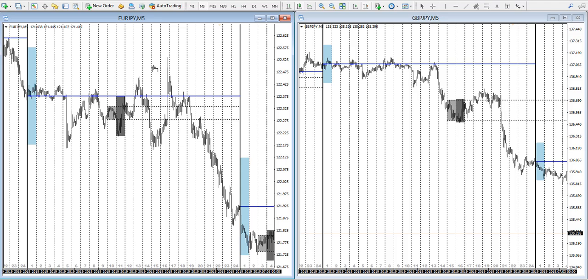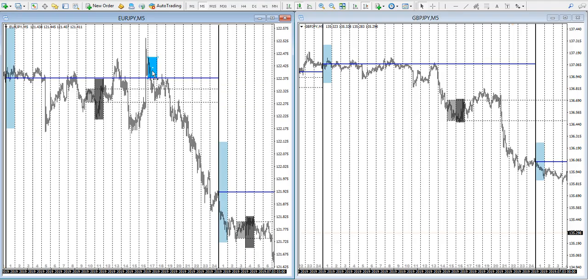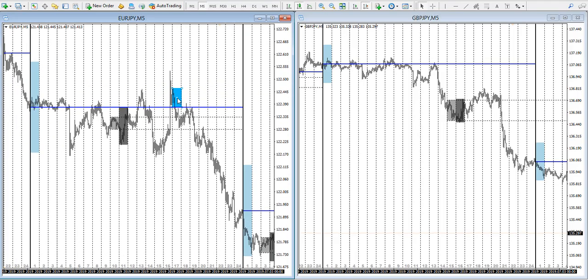So we'll just highlight that. This is 6 a.m. to 7 a.m. New York, right? This particular high was made. Now, as I said, what else can we find to confirm this is a trade setup for a short?